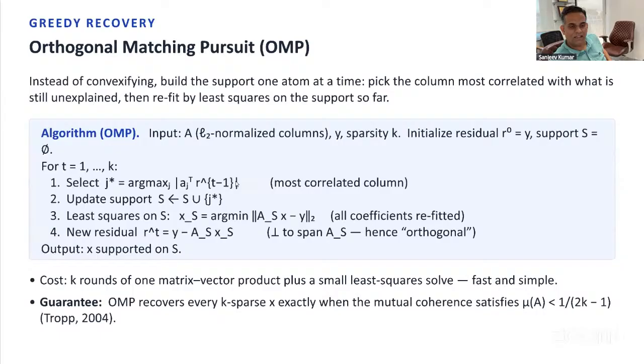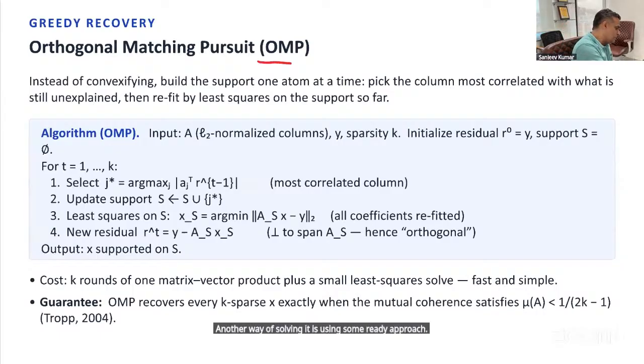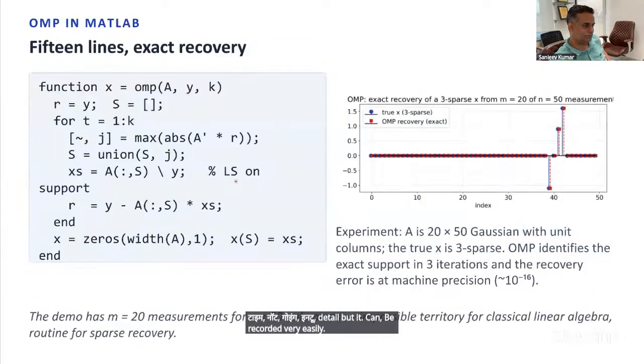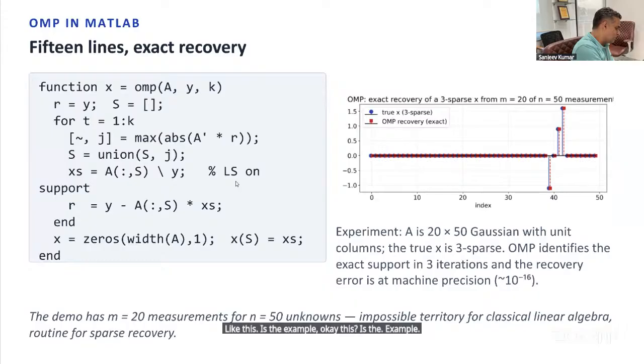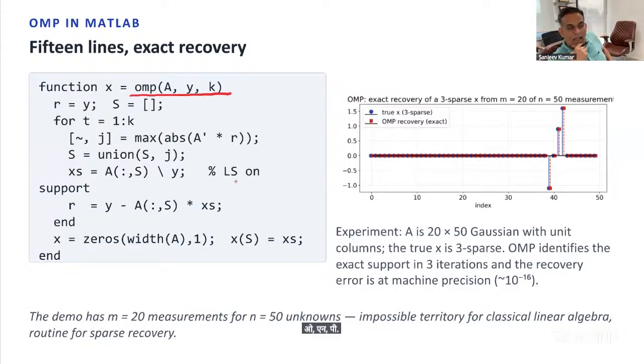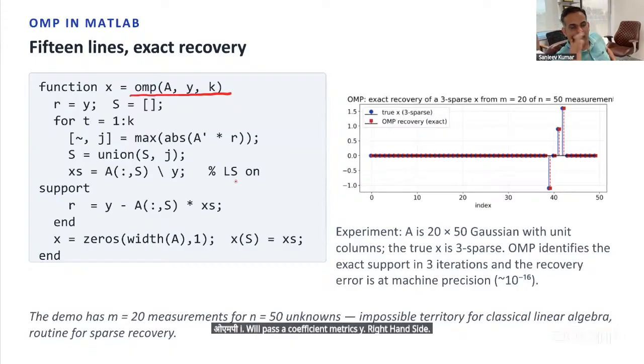Another way of solving it is using some greedy approach like orthogonal matching pursuit. I am not going into detail, but it can be coded very easily in Matlab. Okay. This is the example. This simple function OMP, I will pass a coefficient matrix, y the right hand side vector, and k, the sparsity which I need.